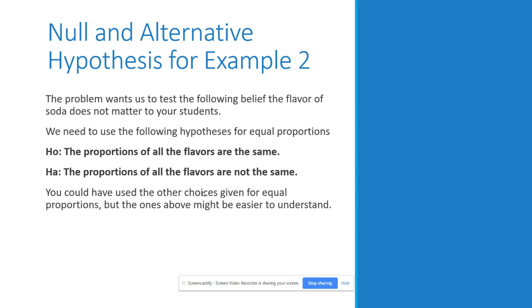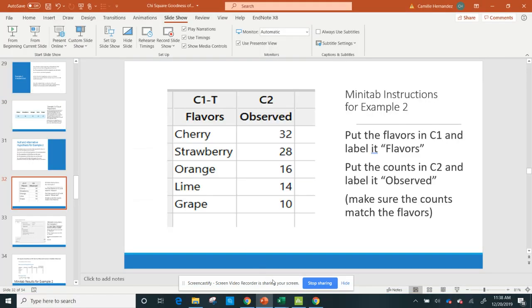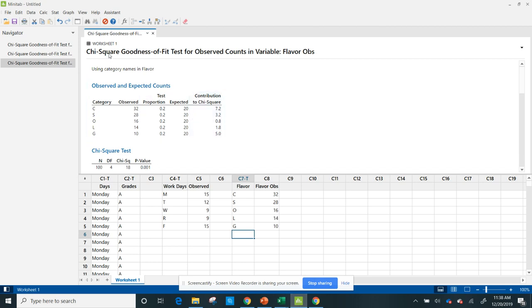So that means that I can say that the proportion of cherry equals the proportion of strawberry equals the proportion of orange equals the proportion of lime equals the proportion of grape. The alternative is that the proportions of all the flavors are not the same. You could have other choices that give you equal proportions, but I feel like the ones above are easier to understand. All right, so let's go to Minitab and I'll show you how to put it in.